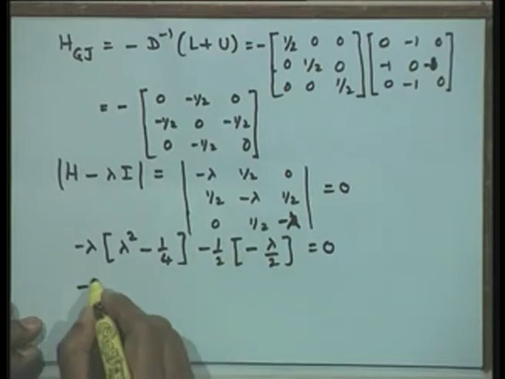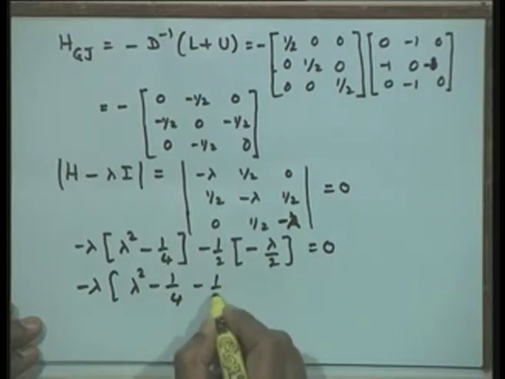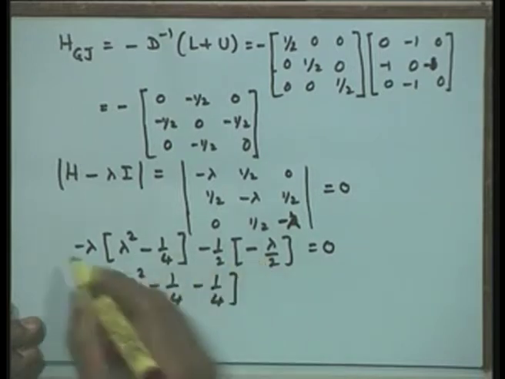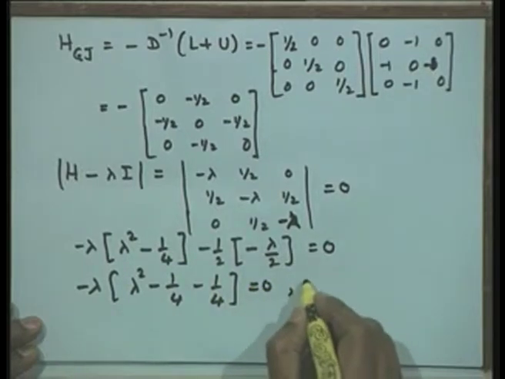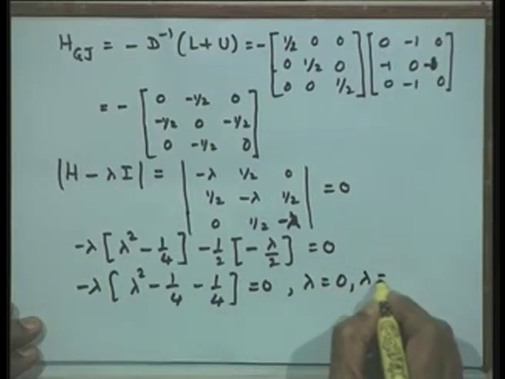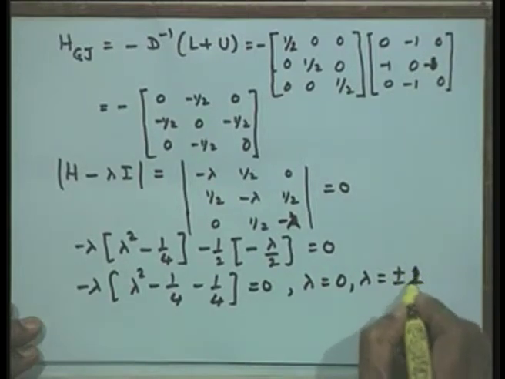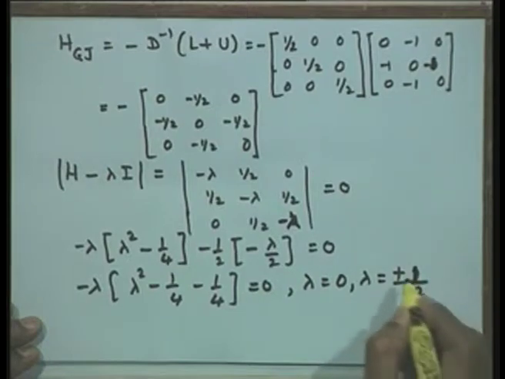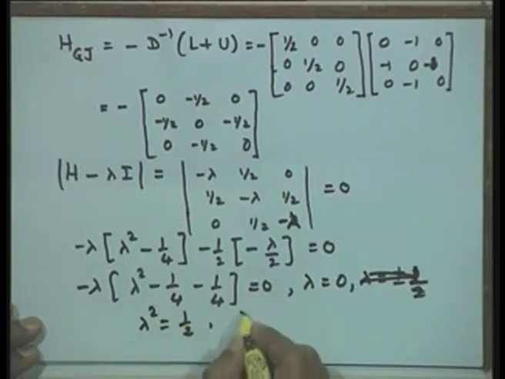I can take out minus lambda as a common factor. So we have lambda squared minus 1 by 4 minus 1 by 4. I have taken the minus sign out, so I am left with a minus 1 by 4 again. Therefore lambda is 0, and lambda square is 1 by 2, so lambda is equal to plus or minus 1 upon root 2.